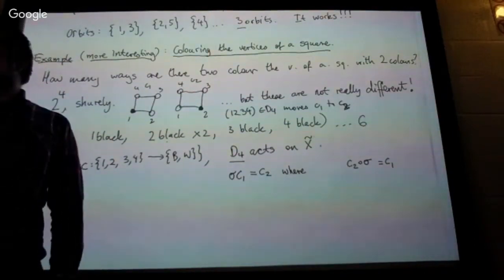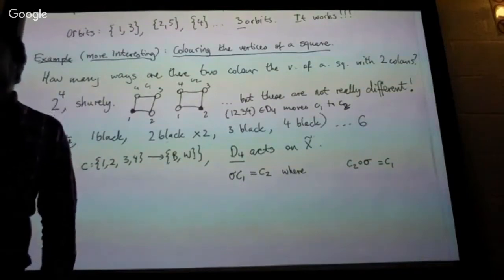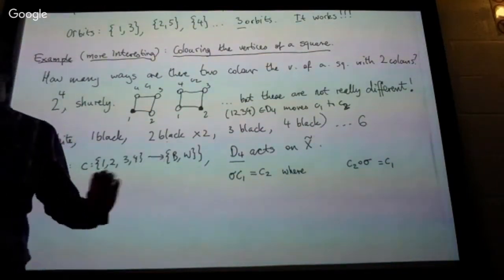Well, you can define it either way because it doesn't matter. You get the same number of orbits in both actions.